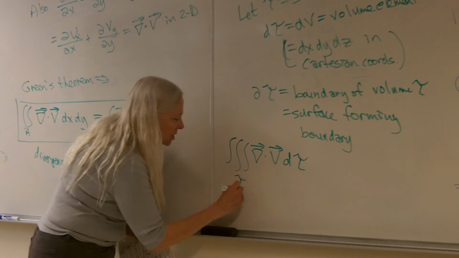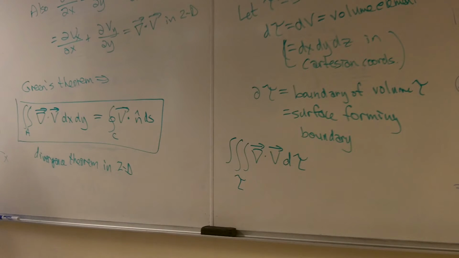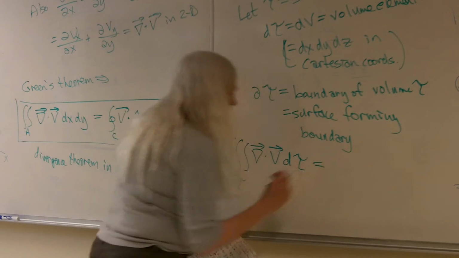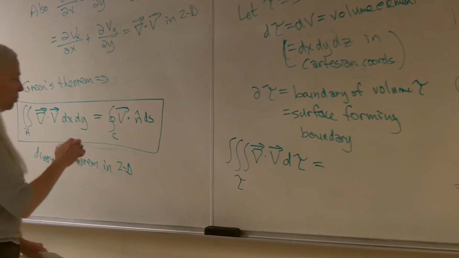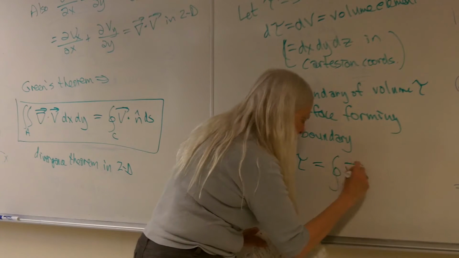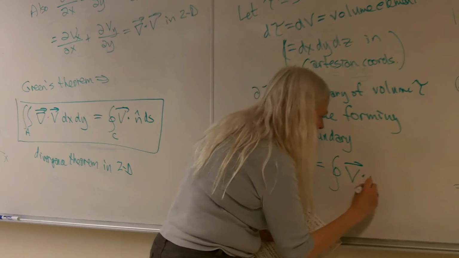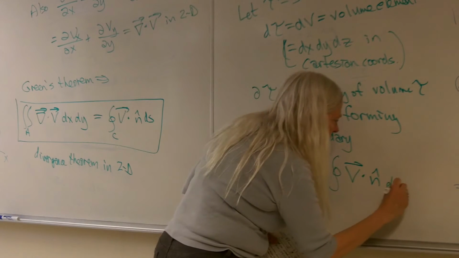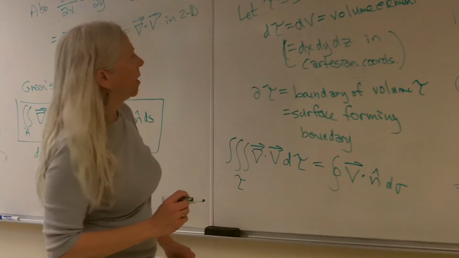And whatever limits of integration reflect a particular volume, the volume tau, this volume integral is going to be equal to the integral of V dotted into n hat, I'll call it d sigma.